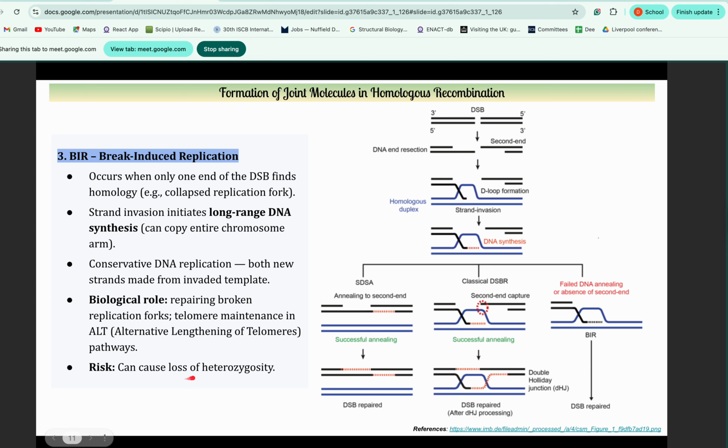But the risk is that it can cause the loss of heterozygosity, because the region which is lost cannot be recovered. In one chromosome we have two different sister chromatids, but for this particular chromosome we have only one homologous sister chromatid. So for the other chromatid we do not have a complementary or homologous sister chromatid.